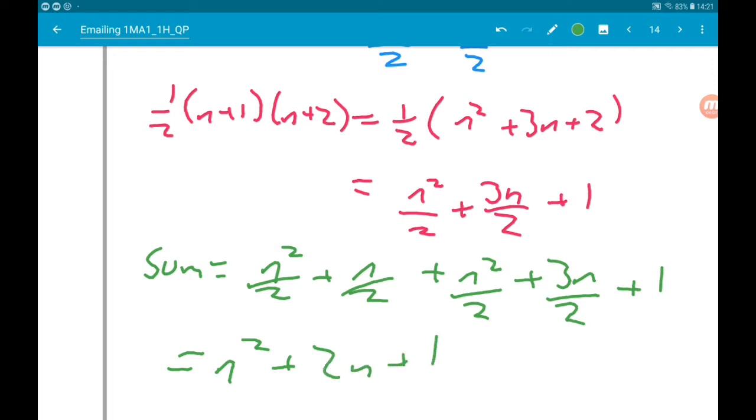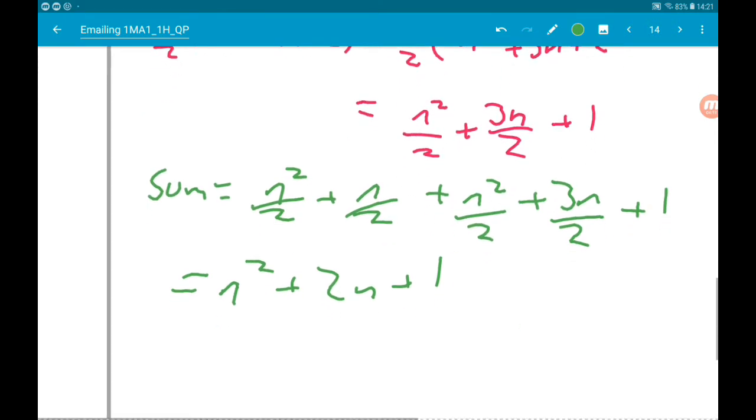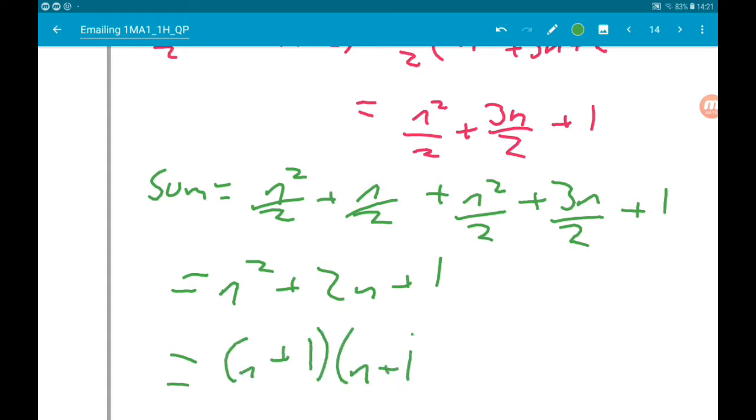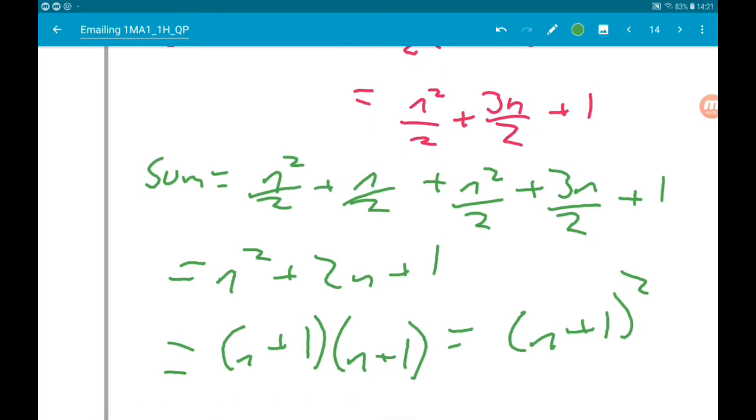So we have n squared add 2n add 1. Now that can be factorised to n add 1 times n add 1, which can then be written as n add 1 all squared. So that is a square number, so it's always a square number. Cool.